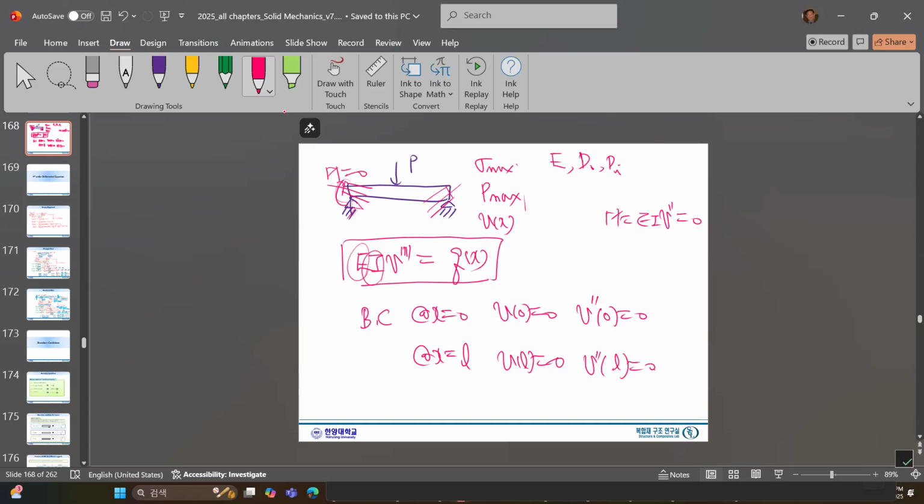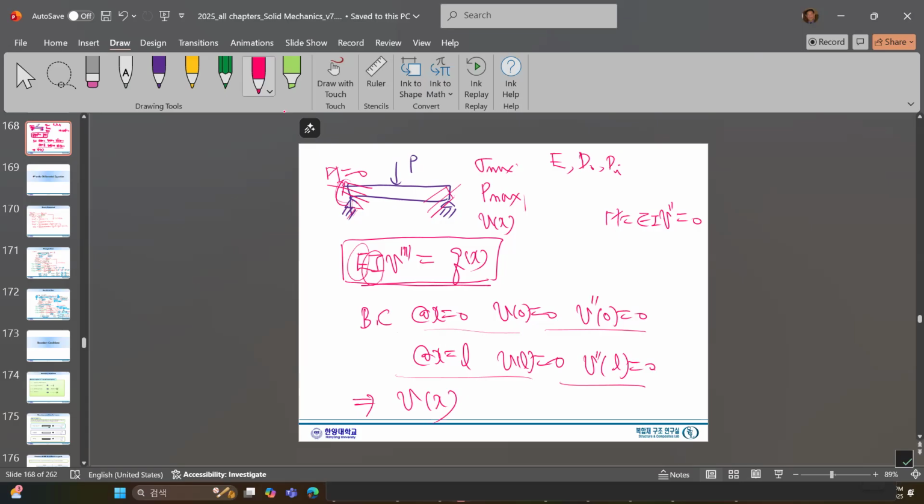So now we know these four boundary conditions, and we should be able to get V(x).